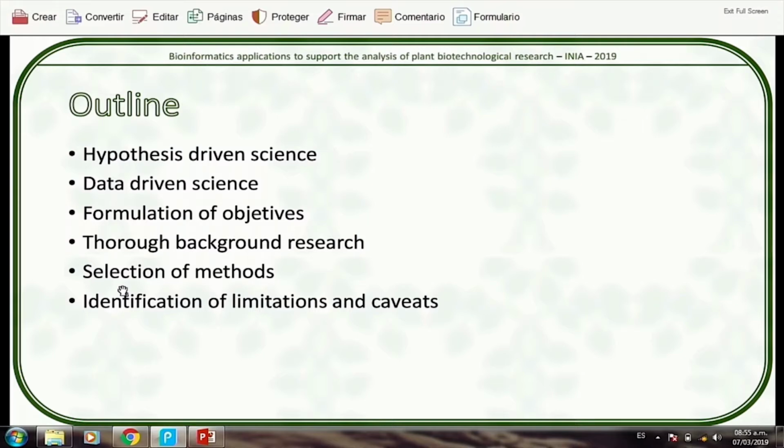You can have an overall understanding of how each method works because you've done your research, but the devil is in the details. I guess a lot of you have already worked in the lab, right? You've worked in molecular biology labs or you work in the field. And you know that when you write a paper and when you read a paper, it all looks like everything worked out in the first go.